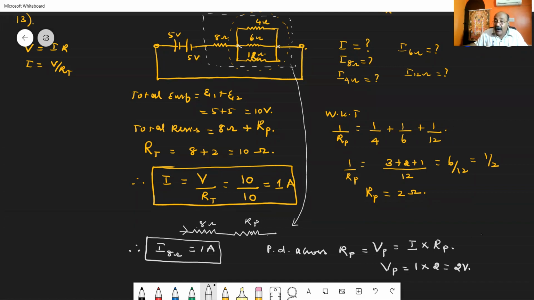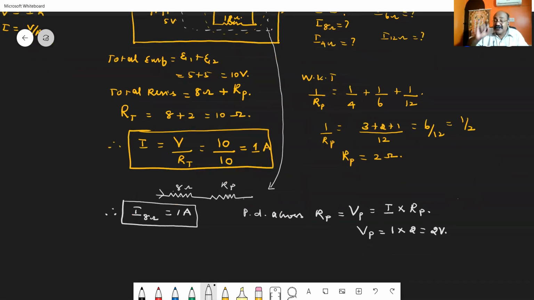As we know, in parallel combination, potential difference is constant. So what is the parallel combination? Here we have the first resistance as 4 ohm, the second resistance as 6 ohm, and the third resistance as 12 ohm. These three are in parallel. If so, the potential difference across these two ends is 2 volt.